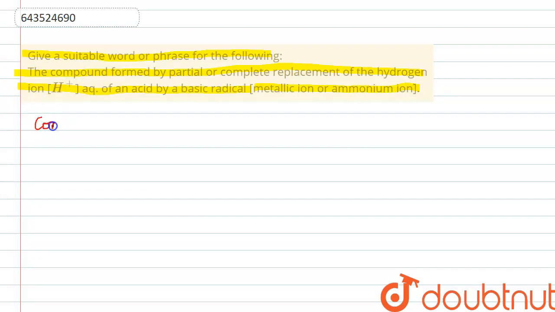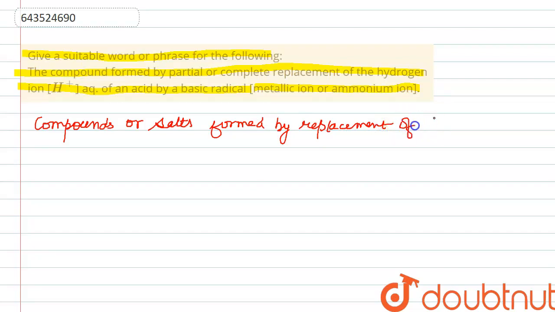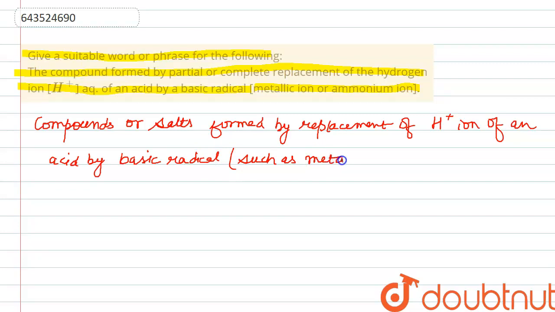So such compounds, or you can say salts which are formed by the replacement of H plus ion of an acid by basic radical such as metal ion or ammonium ion are known as acidic salts.